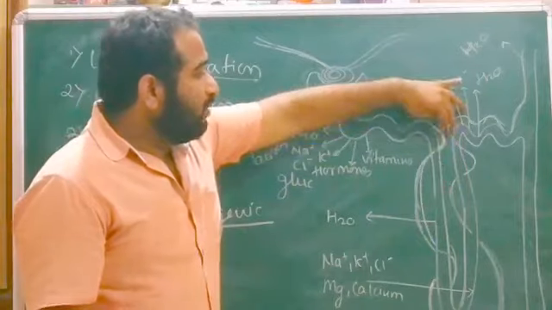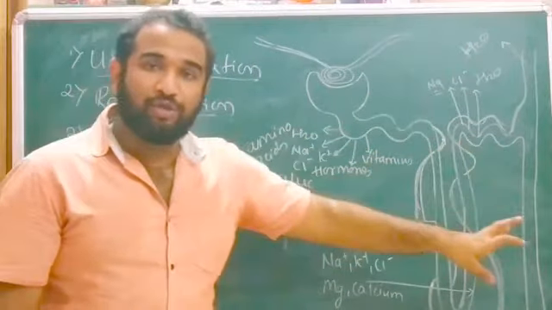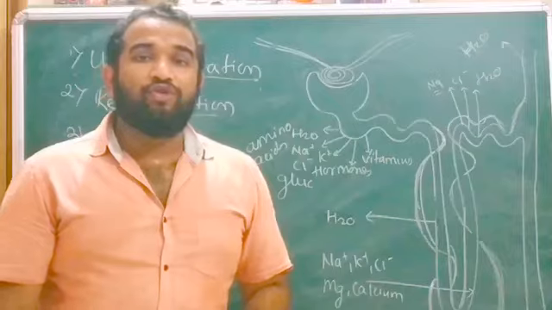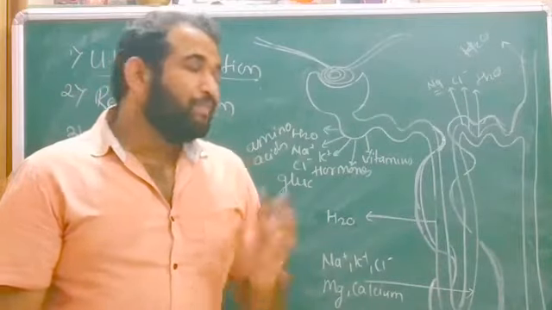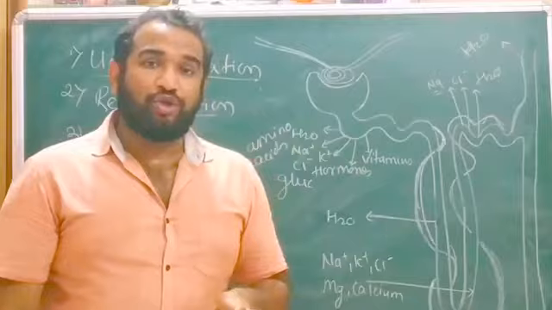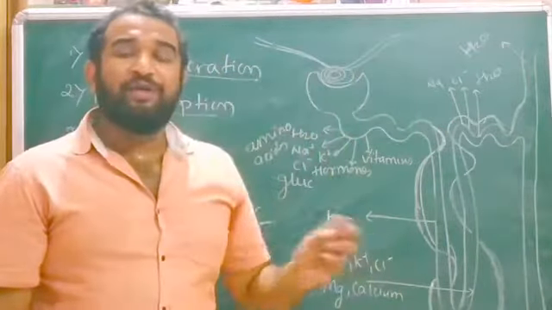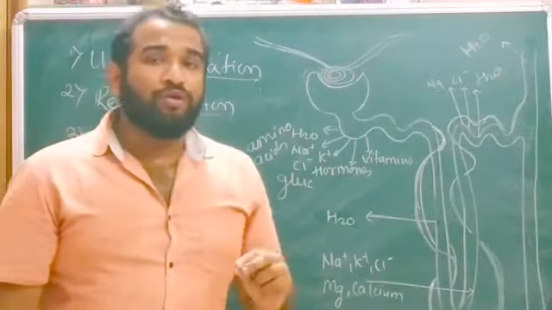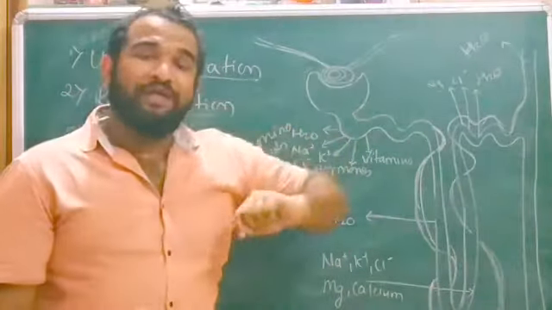Next, the filtrate comes towards the next tubule, the distal convoluted tubule. In the distal convoluted tubule, you have to remember that two hormones play a very important role. One hormone is aldosterone. When the sodium ions have to be transported, aldosterone plays a very important role, and under the influence of aldosterone, the sodium is reabsorbed.